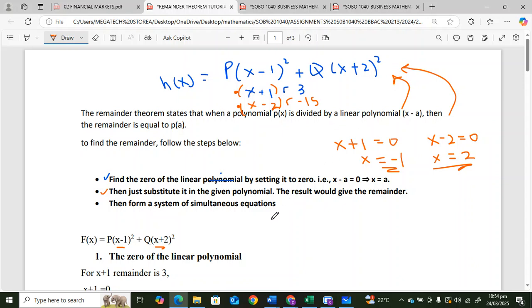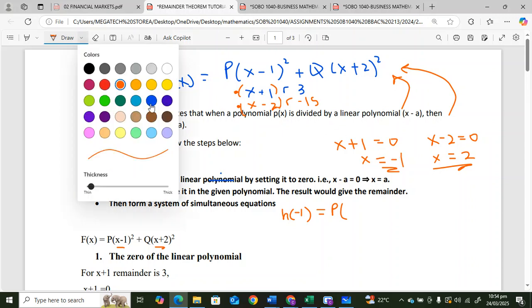So basically, this is what we're saying. Our polynomial here, h of x, replace x with negative 1. Where there's x, we're starting with this x equals negative 1. So where there's x, replace it with negative 1.